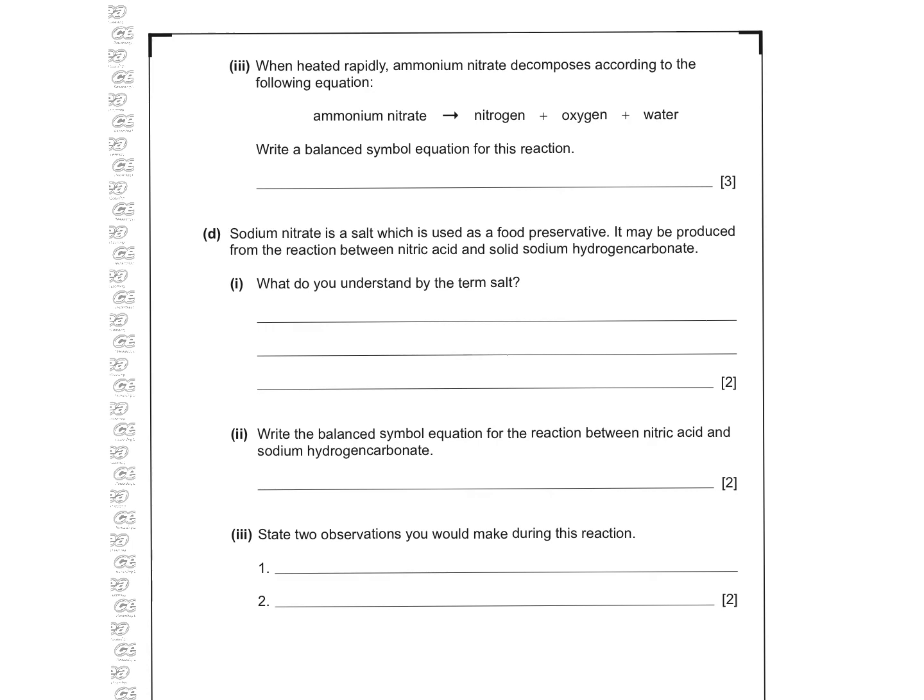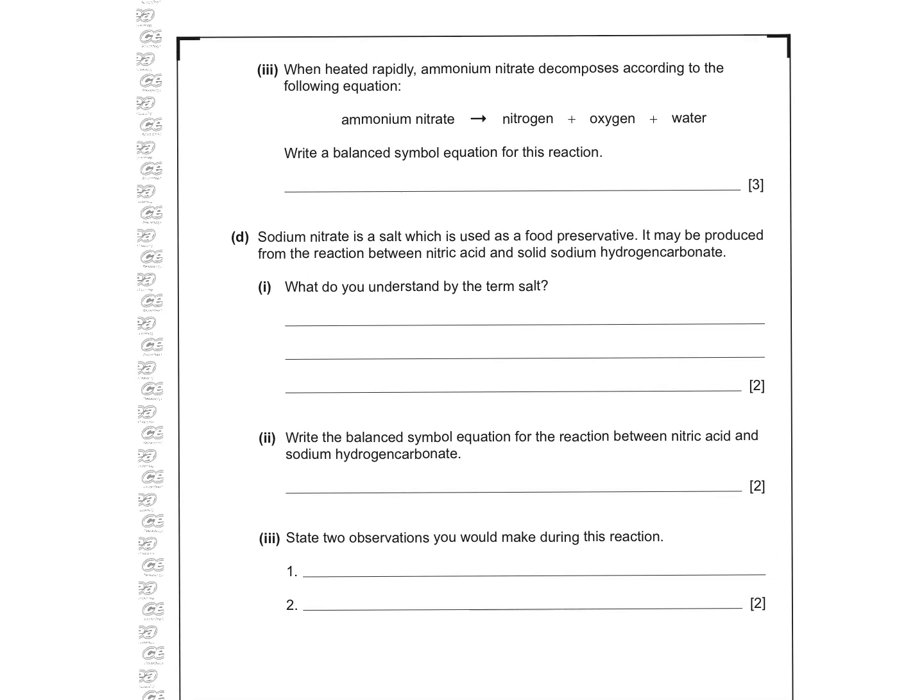Part 3 then, a balanced symbol equation for this reaction. Well, ammonium nitrate is NH4NO3, goes to give nitrogen diatomic, so it's N2. Oxygen is diatomic, O2, and then water is H2O.